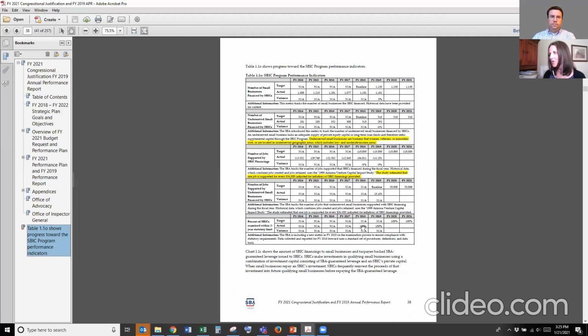The ESG data points I thought were in this table. They might be in the other one. But they do have information on the ESG metrics on how the small businesses are supporting the women-owned, veteran-owned, minority-owned businesses as well. So those are in these reports. If that information is of interest, I would take a look at those reports as well. They are published annually.